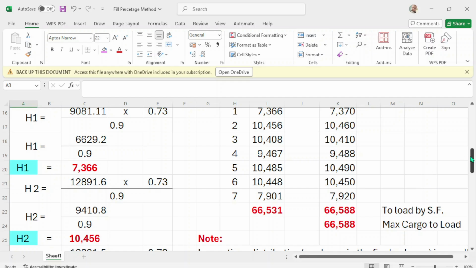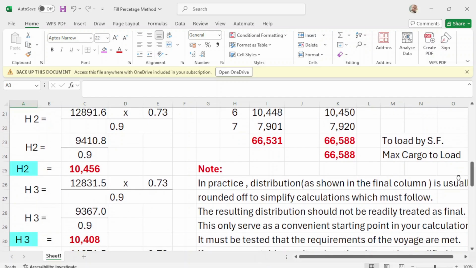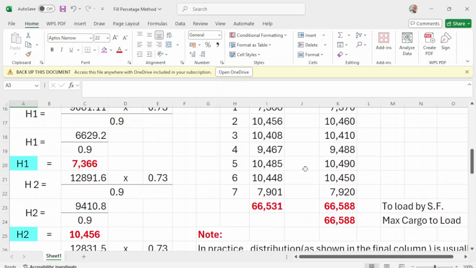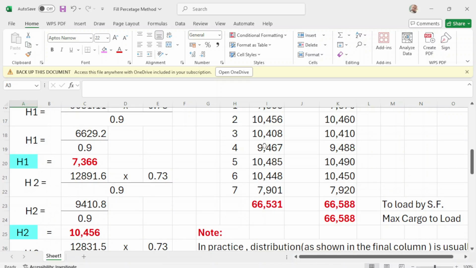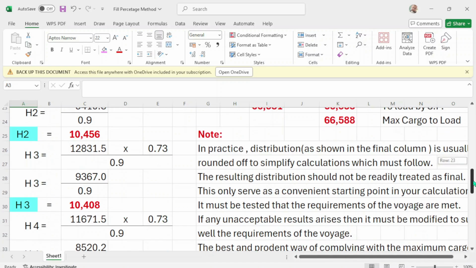And number 3, the hold capacity is 12831.5 times your percentage of 0.73 over your storage factor of 0.9, and the value would be 10,408. Okay, that's number 3.